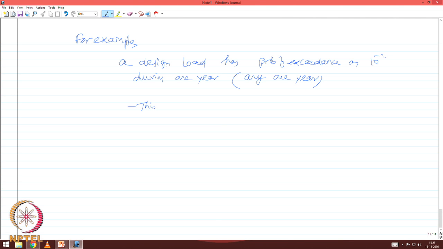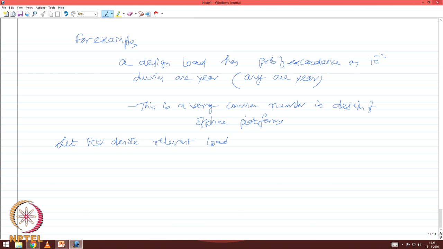This is a very common number in design of offshore platforms. Let f of t denote the relevant load process. Whatever may be the load, the conventional load, wind load, wave load, etc., which is considered for the design.